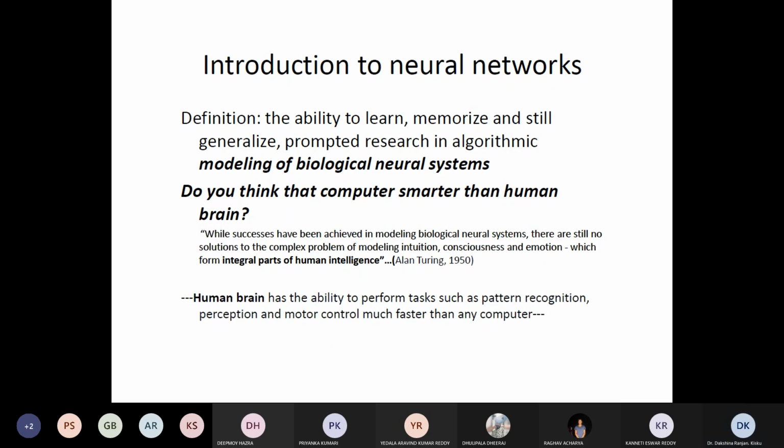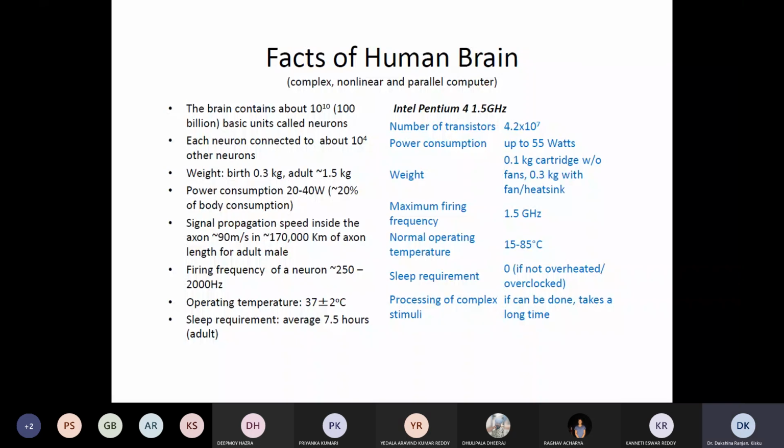Okay. Now, here are some facts about the human brain. If we see these facts, then we can understand that the capacity of the human brain is more than that of any computer system. It may be a supercomputer, it may be a standalone computer.